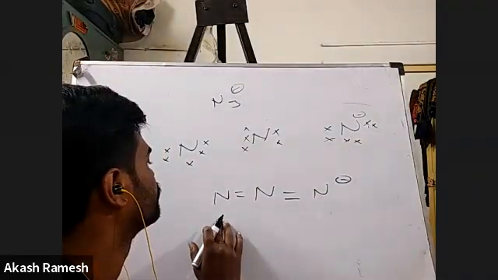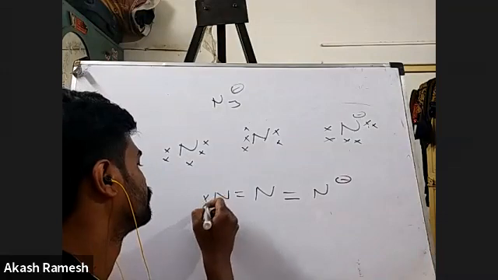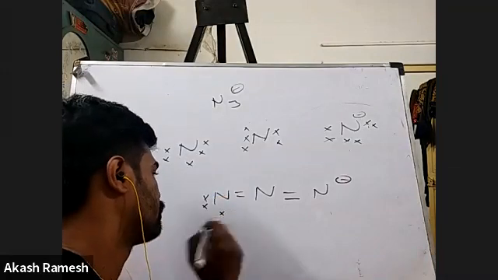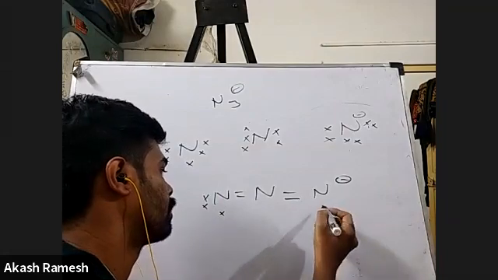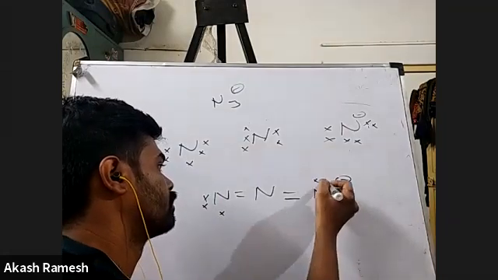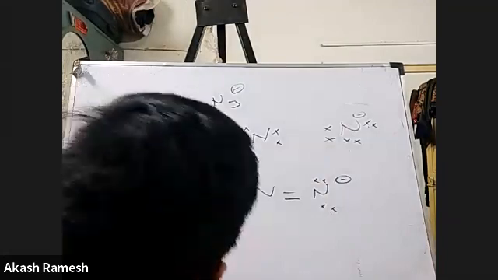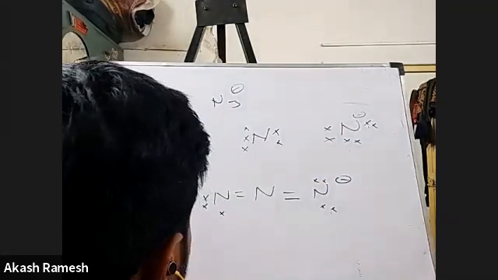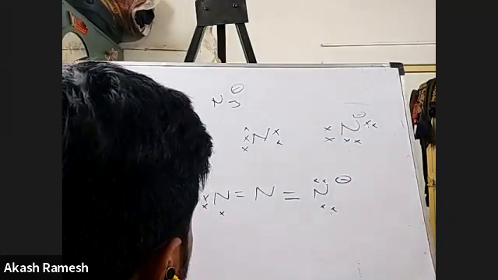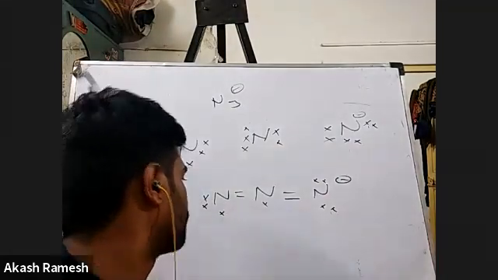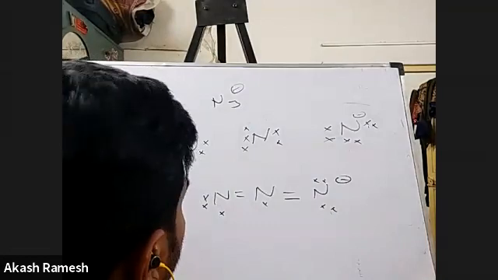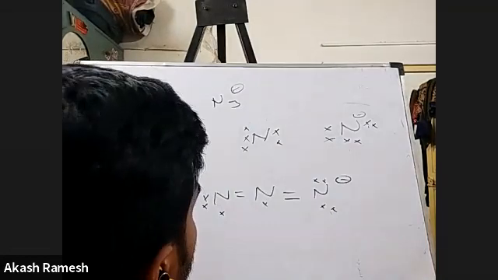Here 2 bonds are gone, 3 electrons. Here there are 6, 2 are bonding. There is 1 electron here. What happened? What am I doing wrong?